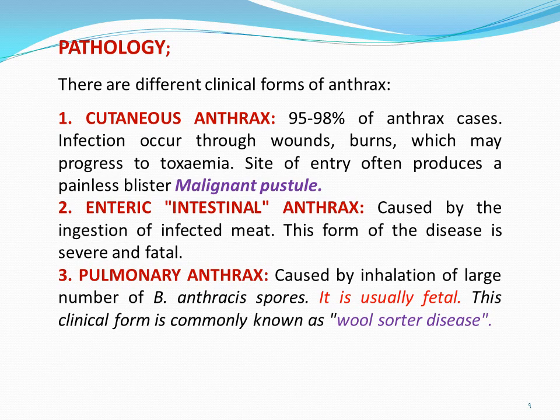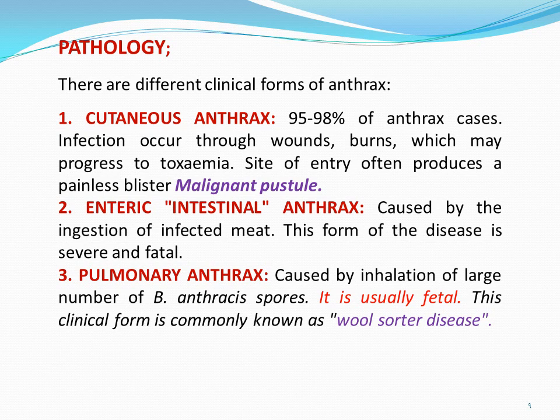The site of entry produces a painless blister called a malignant pustule, which is the name of the disease, malignant anthrax. The second clinical form of anthrax is enteric or intestinal anthrax caused by ingestion of infected meat from animals. This disease is also fatal.